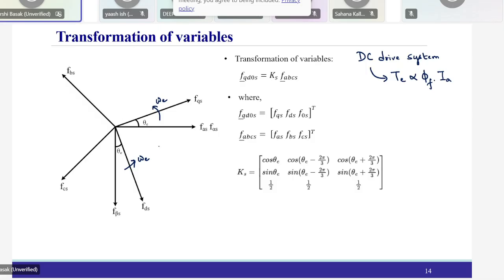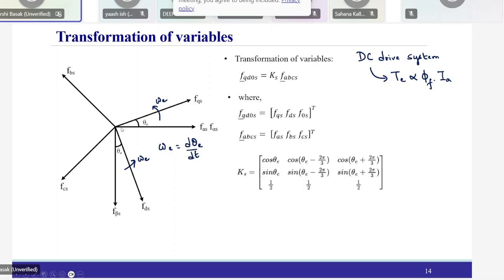And this omega e is actually the derivative of theta e with respect to time. So these are the expressions corresponding to this transformation, and this F matrix is given by FQS, FDS, F0S.